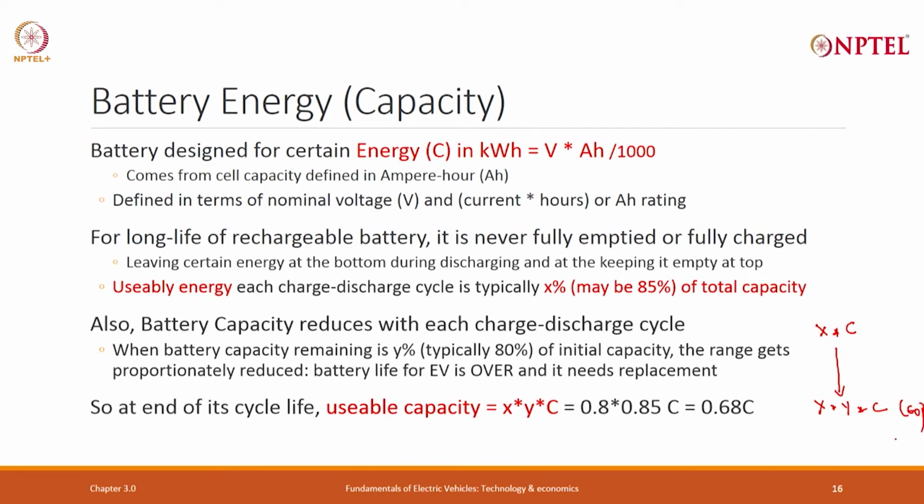So, what do you do? Well, you have to keep track of it, or you can even say that you will use the average between X into C and X into Y into C. So, very often you say average usable capacity is X into (1 plus Y) by 2 into C. So, if Y is 0.8, you are using 90%.